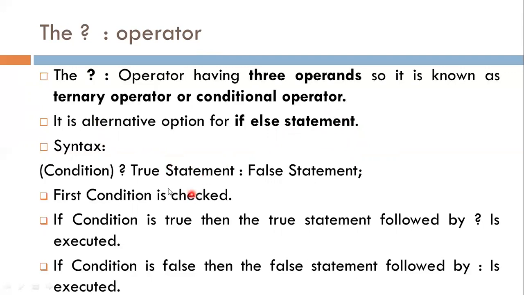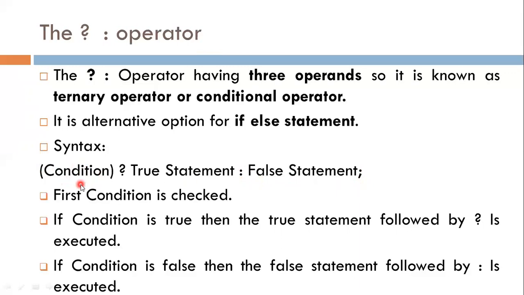Similarly here, when we have 2 possibilities, true or false, then this operator is an alternative choice against if-else. The syntax of the ternary operator is like this: condition, then question mark, then true statement, then colon, then false statement, then semicolon.